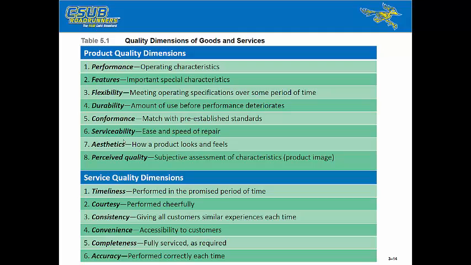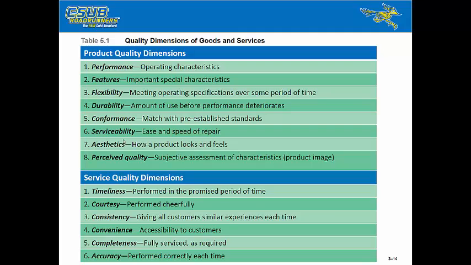whether services are performed in a reasonable period of time. Courtesy, are your people that are delivering the service doing it cheerfully? Consistency, do all customers that get your service have the same experience or a similar experience each time?